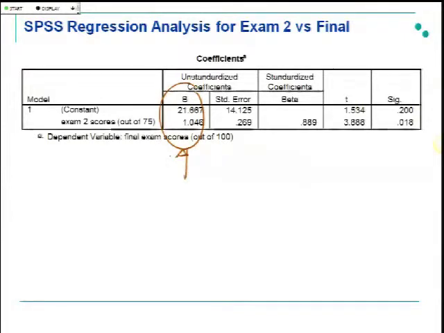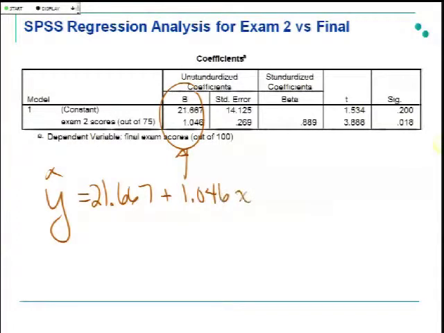Those values right there are your coefficients, your b's. There's your intercept term, 121.667, and your slope, the B0 and the B1. Take a look at what the row headers say.